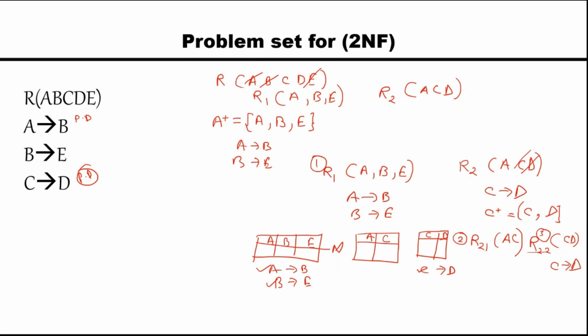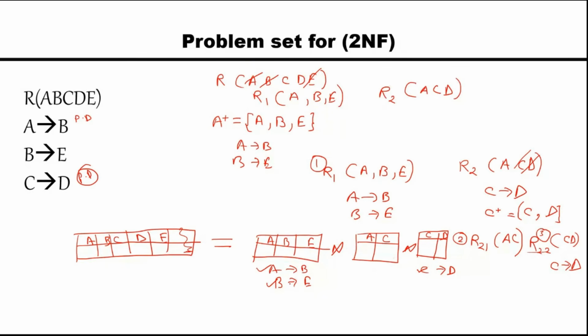And if you take a natural join among these three, you will have this relation, A, B, C, D, and E. So if you take a natural join among these three, you will get the final relation that you have decomposed.